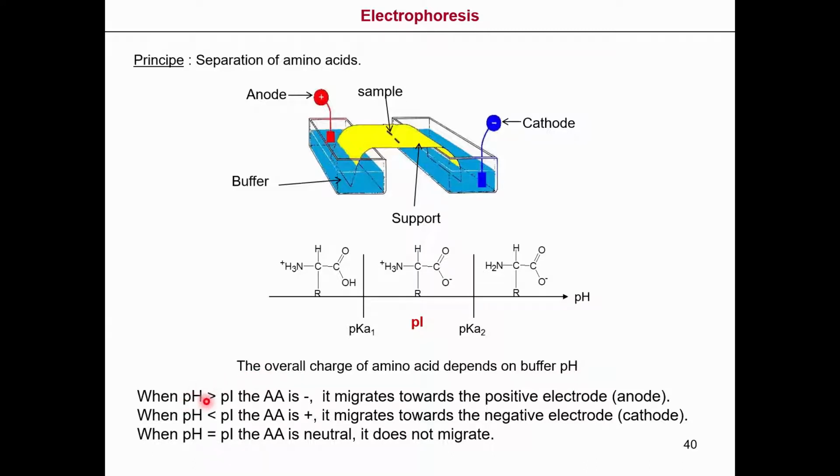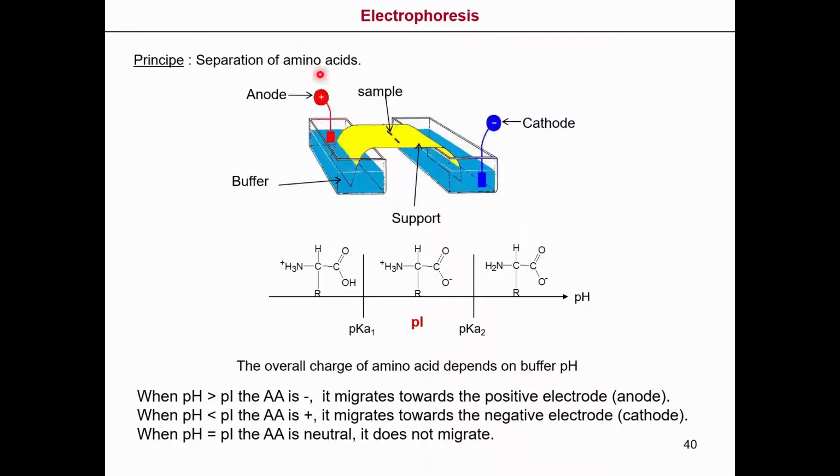When the pH is higher than the PI, the amino acid is negatively charged, so it will migrate to the positive electrode. When the pH is lower than the PI, the amino acid is positively charged and it migrates to the negative electrode. And when the pH is equal to the PI, the amino acid is neutral and it does not migrate, it stays at the same place.